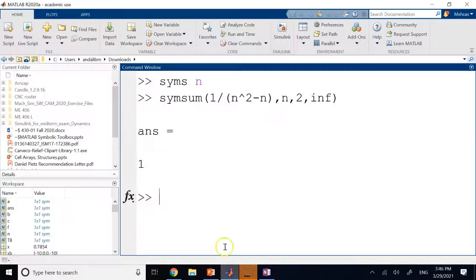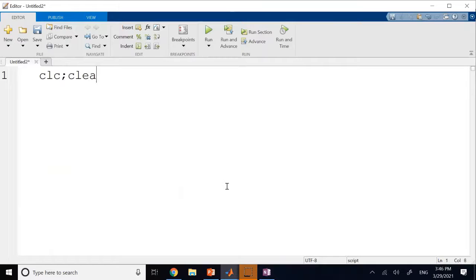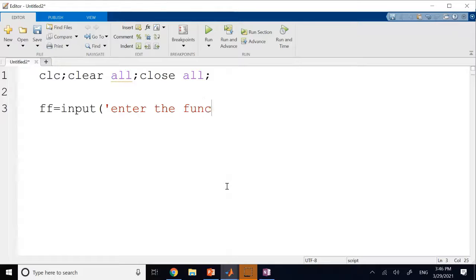So if you say, hey, user, let me show you. clc, clear all, close all. Let's say you ask the user FF equals input, enter the function F of X. And then you read it as a string, correct?